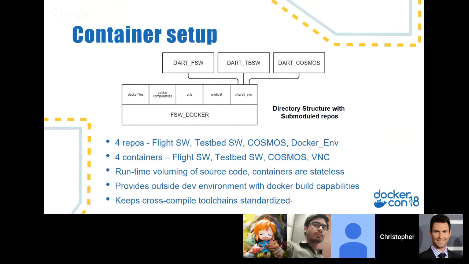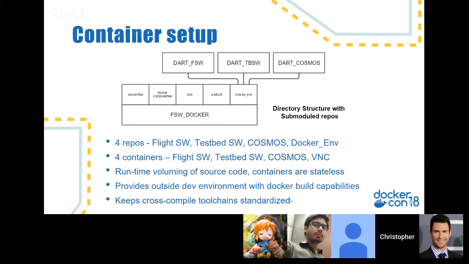So I think this is what you guys really wanted to get into. How did we do it? So we have 4 repositories. We have the flight software, which is all of the C code that is on the spacecraft. We have our testbed software, which is all of the emulations of the rest of the spacecraft.